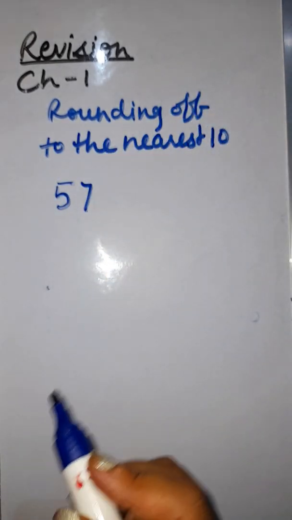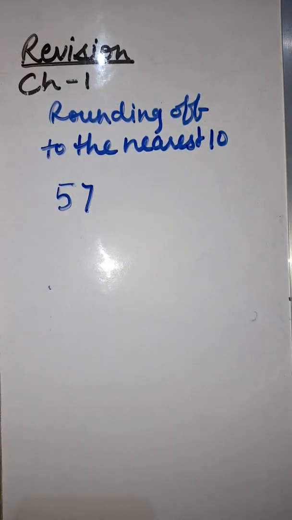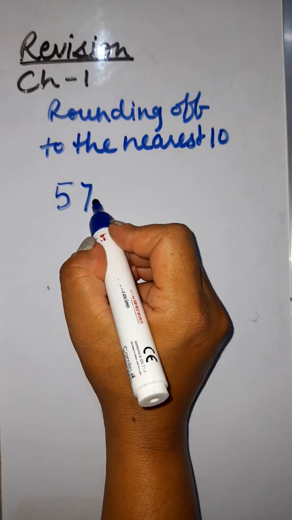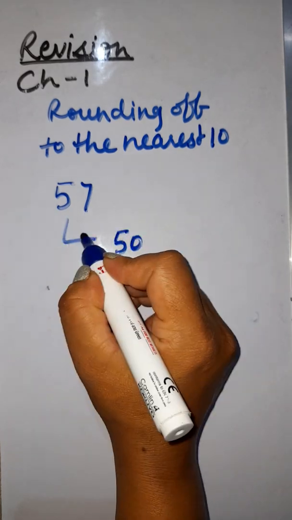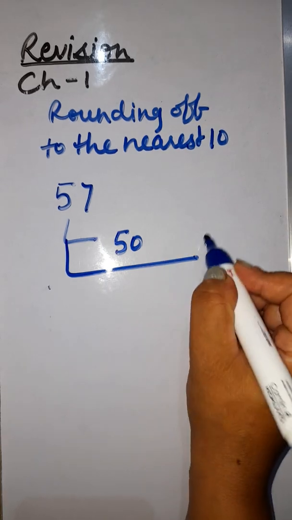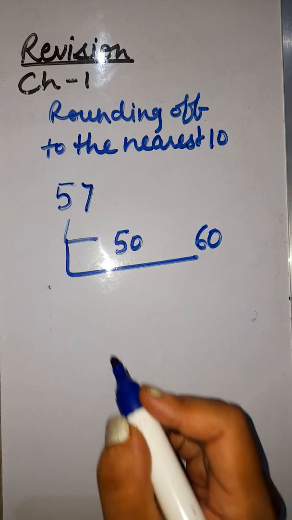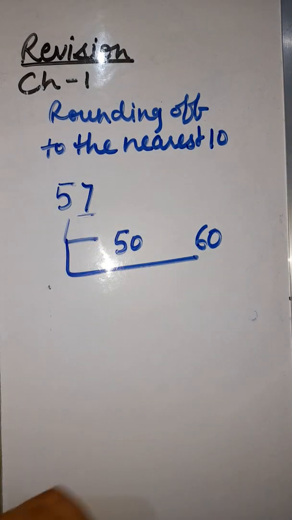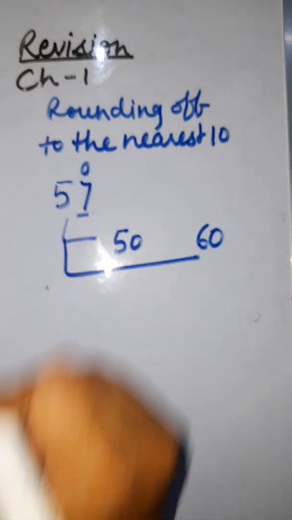हमें इसे राउंडिंग ऑफ करना है नियरेस्ट 10 पे. So this is 57, rounding off nearest 10 पे. So the multiples of 10, the lesser multiple of 10 is 50, the greater multiple of 10 is 60. Okay, so to round off in tens, we just look into the ones place. हम unit place या ones place check करेंगे.